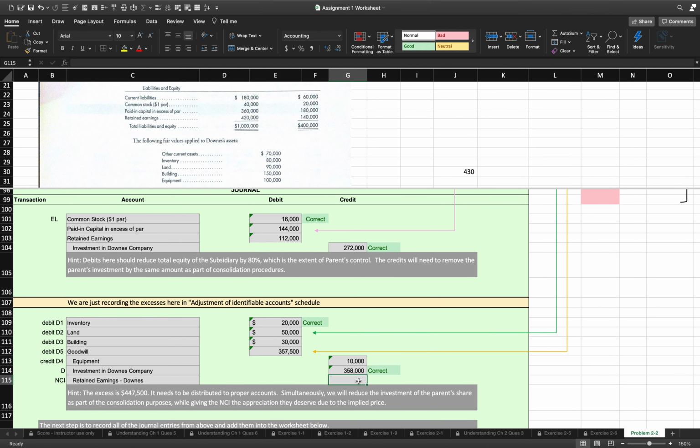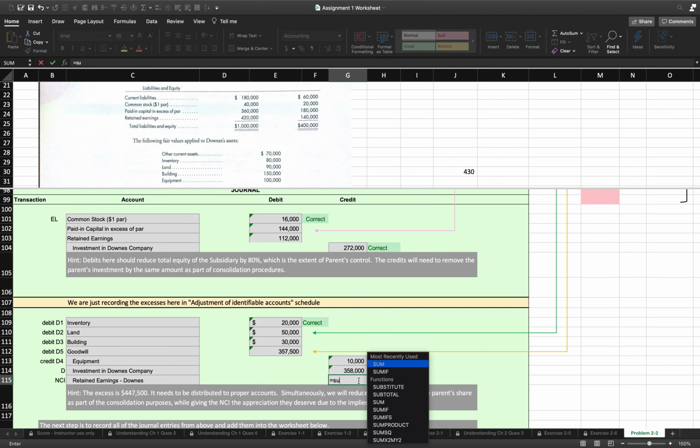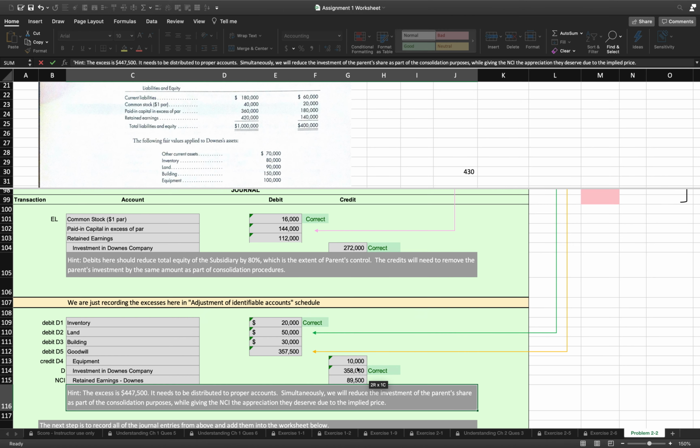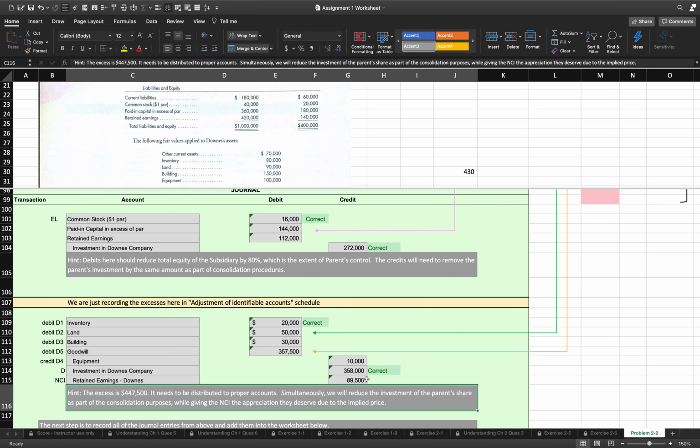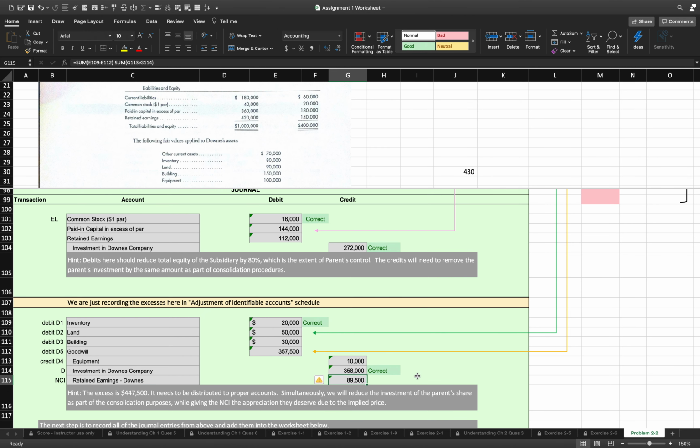This last component is pretty much a plug, which recognizes that debits and credits should equal each other. And basically all I did was I went blue minus red, which is 89,500. What does that mean?